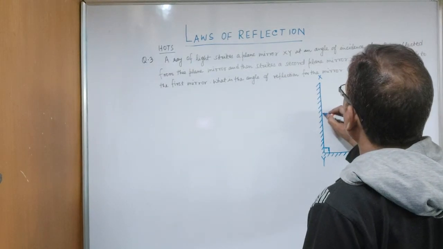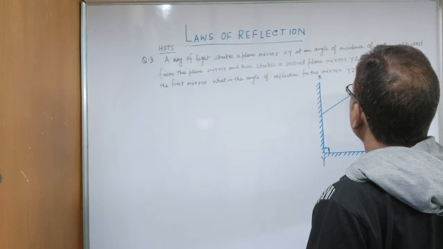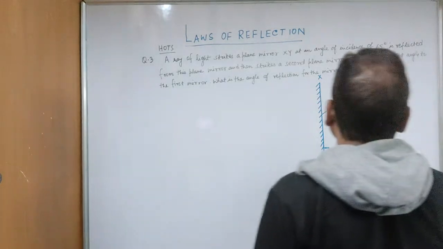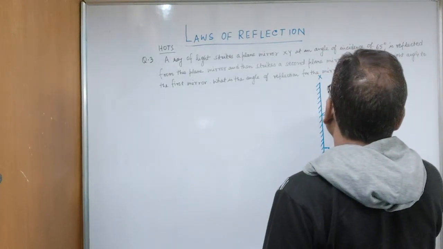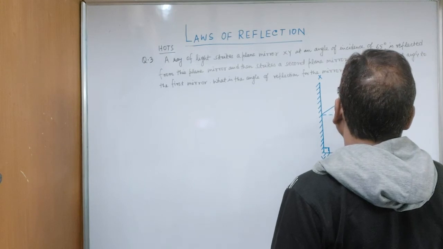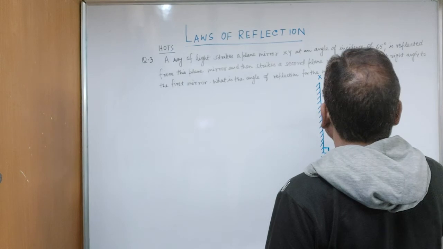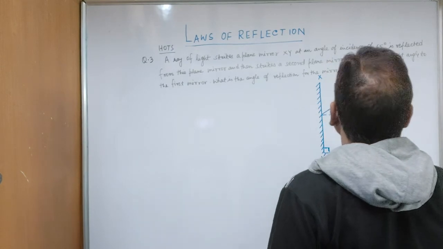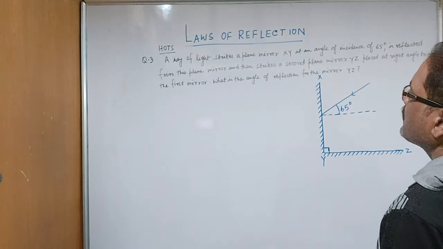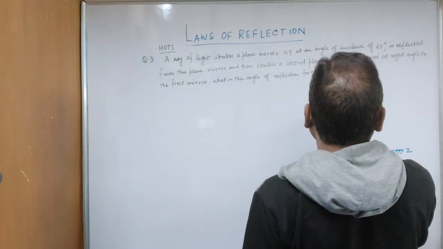So suppose a ray of light strikes the mirror and the angle of incidence is given 65 degree. So let this angle be 65 degree, and it is reflected from this plane mirror and then strikes a second mirror.